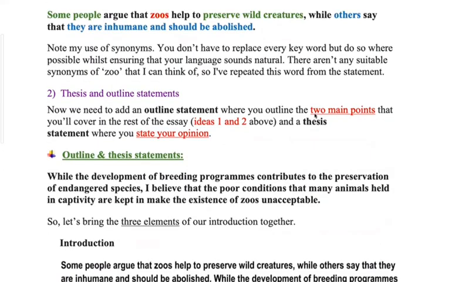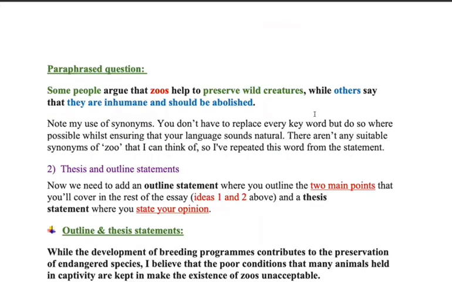When it comes to the paraphrased question, he says some people, group A, argue that zoos help to preserve wild creatures. Like, instead of protecting animals, he says preserve, protect. And it is a synonym here, preserve. Creatures, wild creatures, animals, okay? While, instead of however, others say they are inhumane.